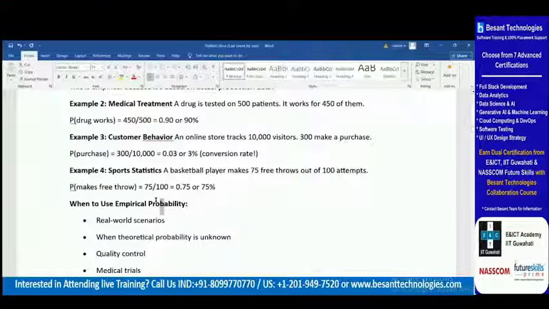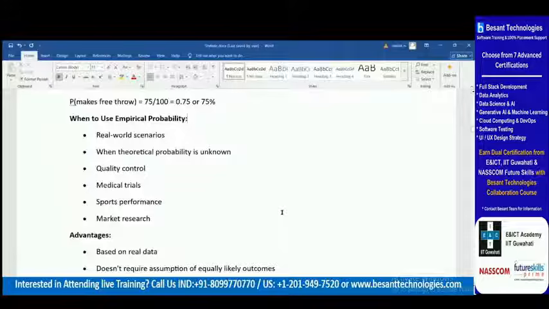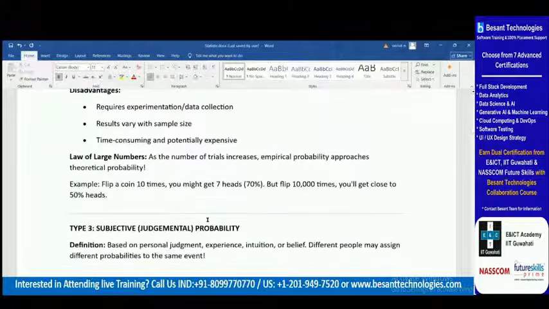So there is no change in that. The only thing people can ask you is that they can give you a scenario and ask what kind of probability it is. If it is subjective, you can say subjective. If it is classical, you can say classical. And if it is empirical, you can say empirical. Okay.